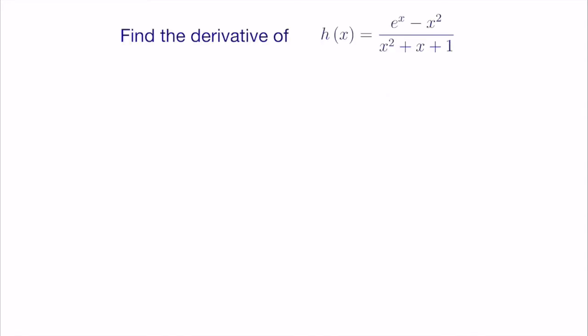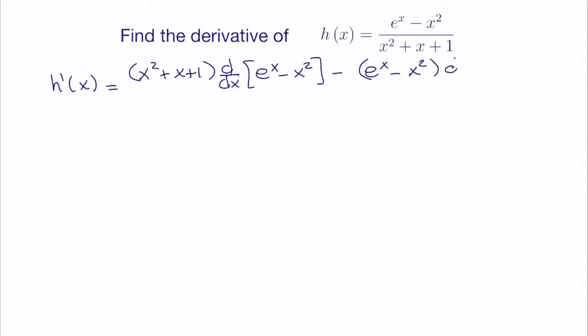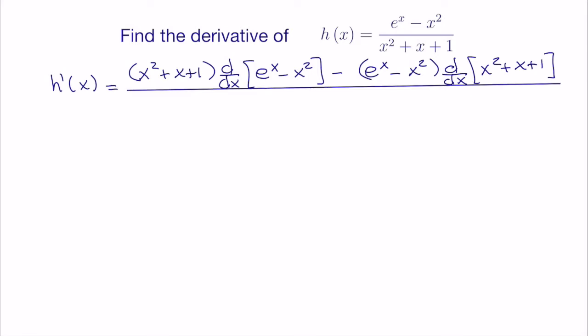Let's go and straight use the quotient rule. The derivative of h is going to be low, (x squared plus x plus 1), d high, minus high, d low, over the denominator squared, and away we go. Let's do the derivatives. x squared plus x plus 1 stays the same, and we derive e to the x minus x squared.